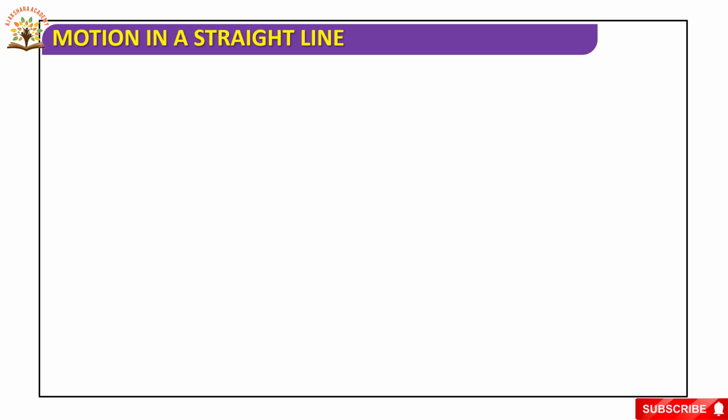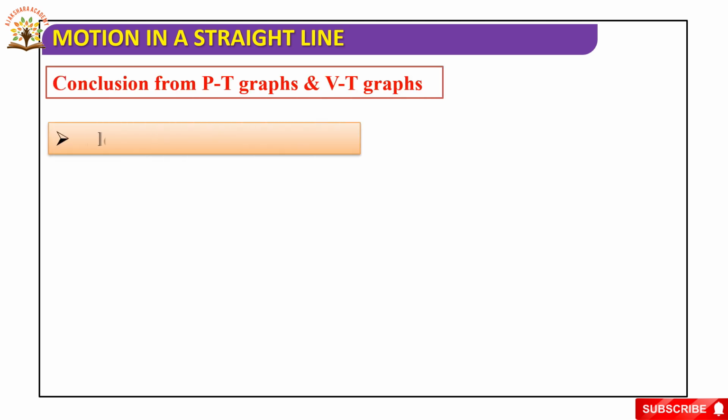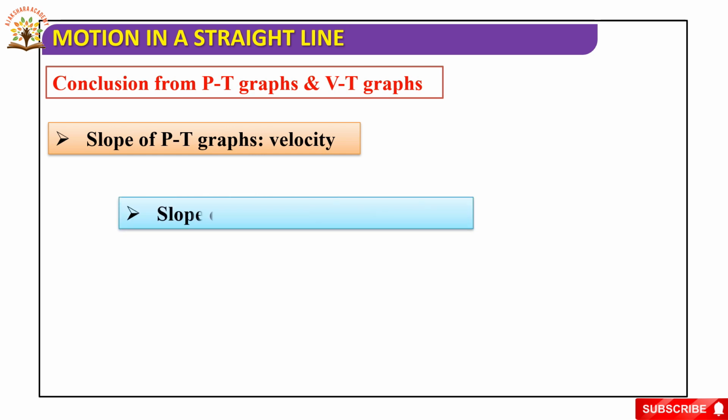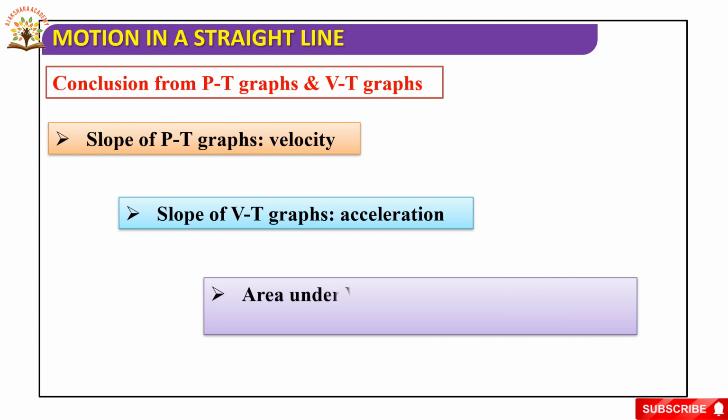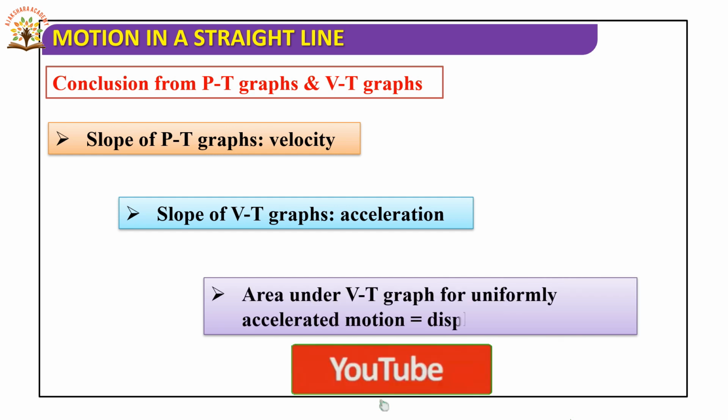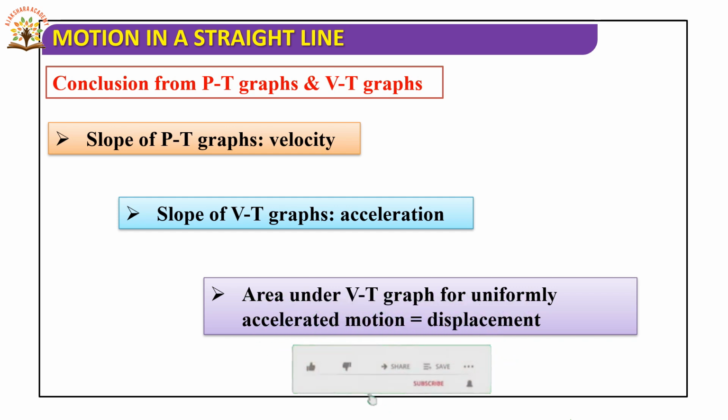So the area under the v-t curve gives displacement. Next, conclusions from the p-t graphs, position time graph and velocity time graphs. The slope of the position time graph gives velocity. The slope of the v-t graph gives acceleration. The area under the v-t graph for uniformly accelerated motion gives displacement.